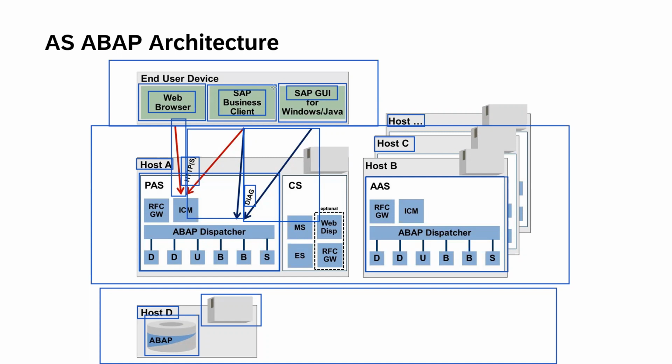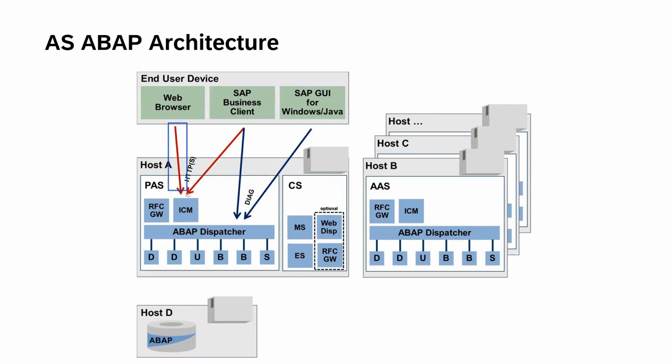So there it is. And what are all these connections targeted to? Web browser will only connect to your ICM, Internet Connection Manager. SAP GUI, the dialog connections, will connect directly to your ABAP dispatcher.